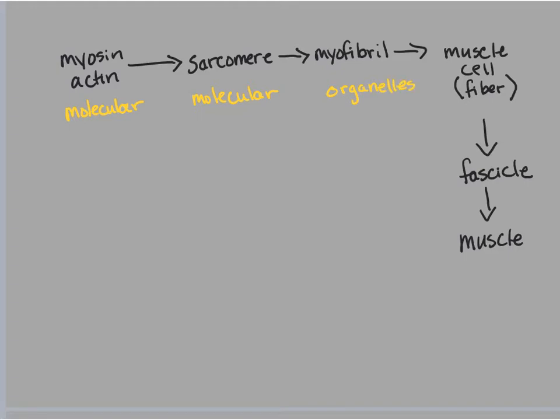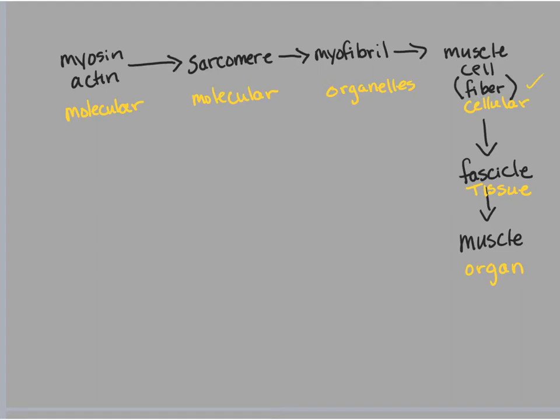A muscle cell, as the name implies, is at the cellular level of organization. A muscle fascicle is the tissue level of organization, and a muscle is at the organ level of organization.